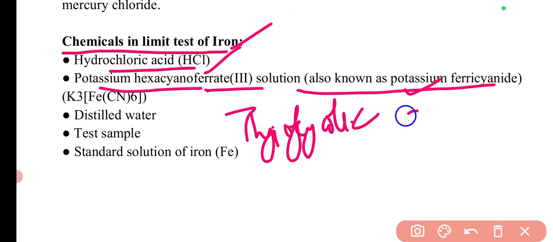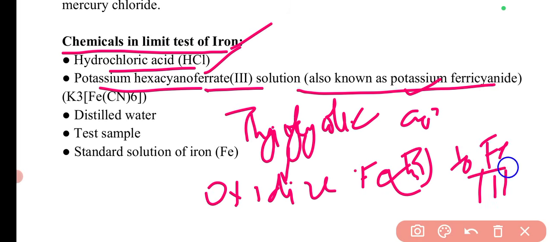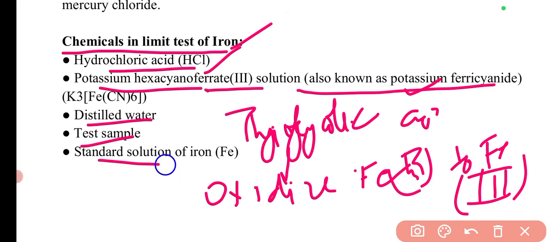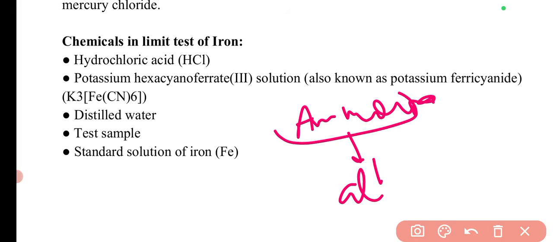Thioglycolic acid is also used as a reagent, and it oxidizes the iron 2 to iron 3. This is the main thing regarding thioglycolic acid. There will be distilled water, test sample, standard solution of iron, and we can also use ammonia, and this ammonia will make the solution alkaline. So these are the different things in limit test of iron.